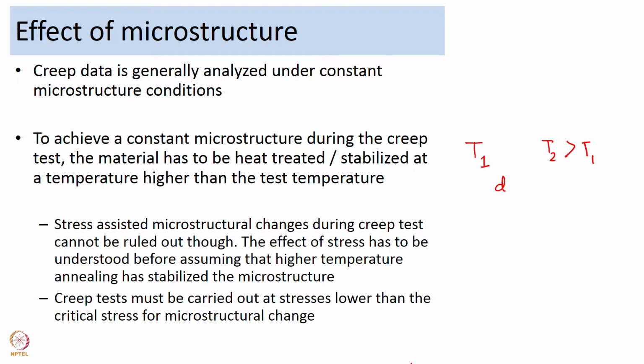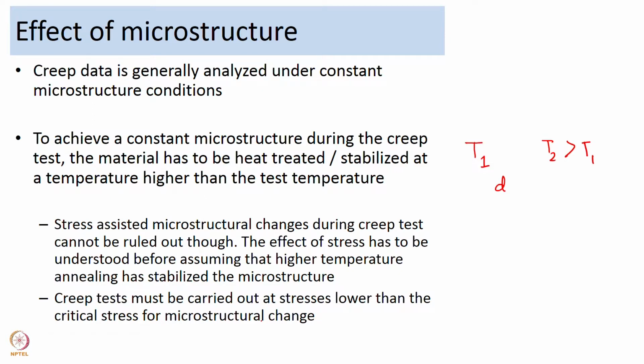Of course, having said that, one cannot rule out stress assisted microstructural changes, since creep happens under both stress and temperature conditions. So, stress assisted microstructural changes could happen sometimes during a creep test, and what this means is that the effect of the stress has to be understood before assuming that higher temperature annealing has stabilized the microstructure.